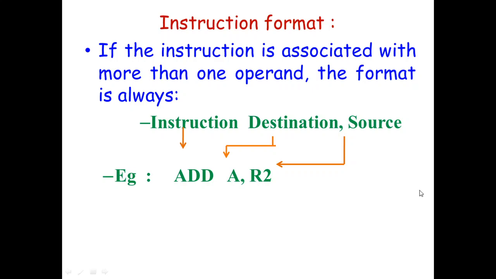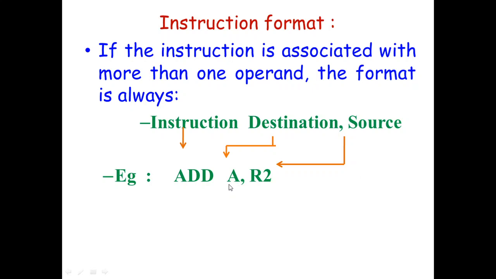These two data get added, data from R2 is added into the accumulator, and that action is performed in the ALU, that is arithmetic logic unit, and after the action is over the result is held in the destination location. In this case destination is A, which is nothing but accumulator, meaning the result is held in the accumulator.